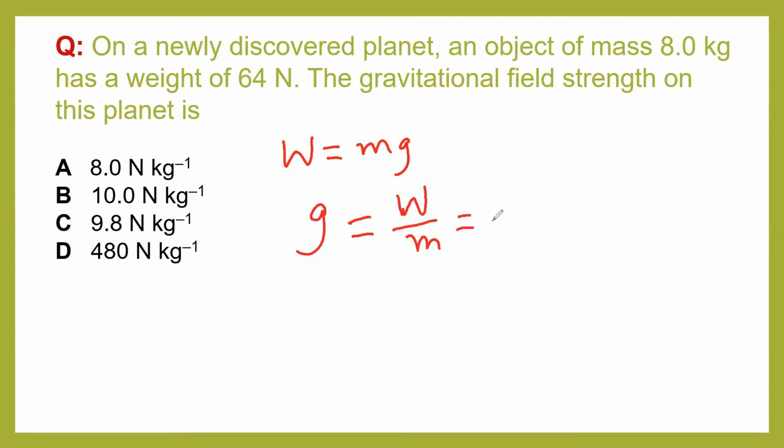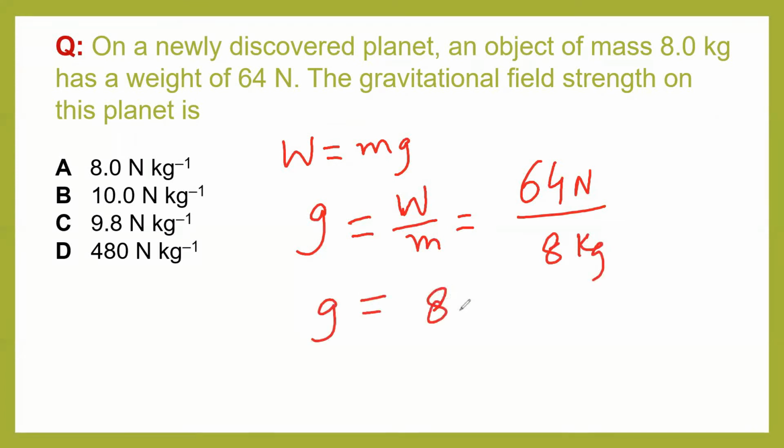So in that case, the weight is 64 newtons, and the mass of the object is 8 kilogram. So the value of G is going to be 8 newtons per kilogram, and the option is going to be A in this case. All these options are not correct.